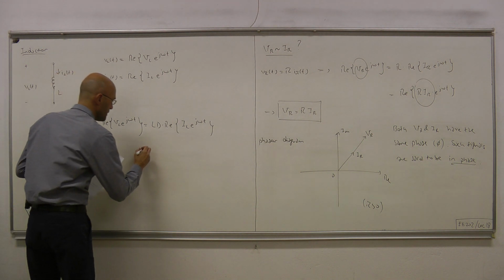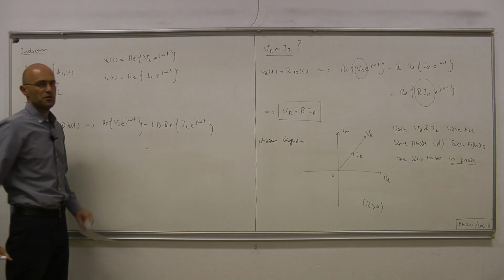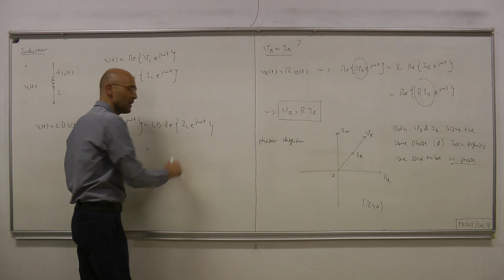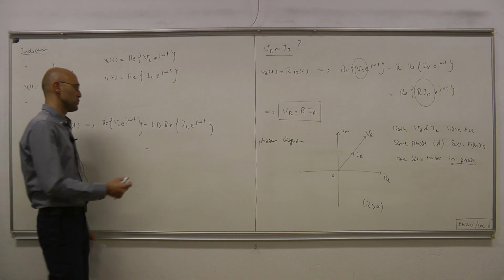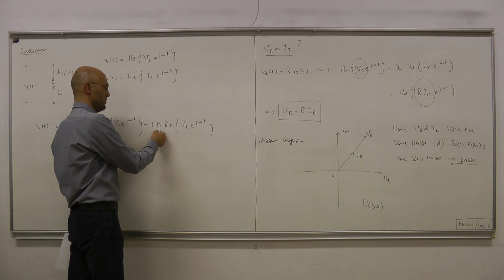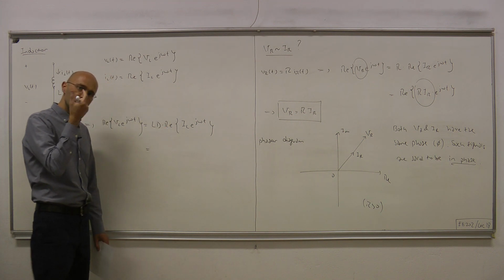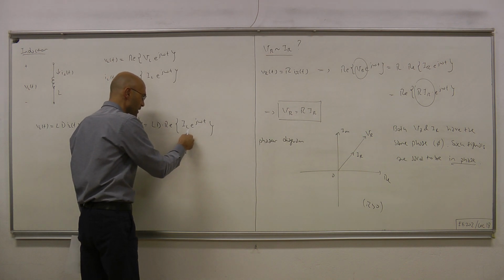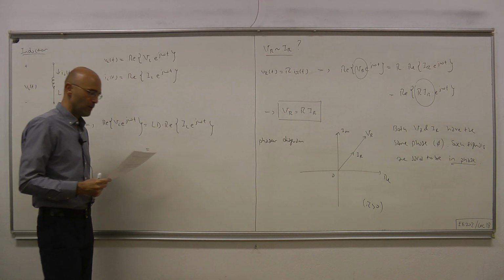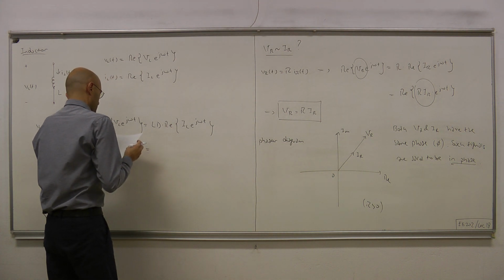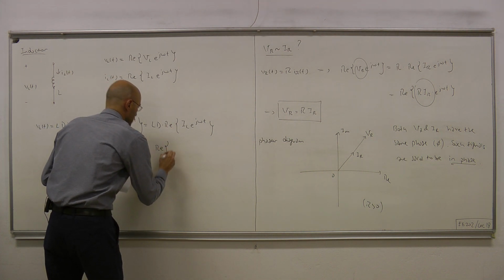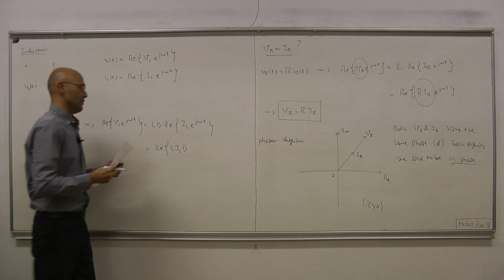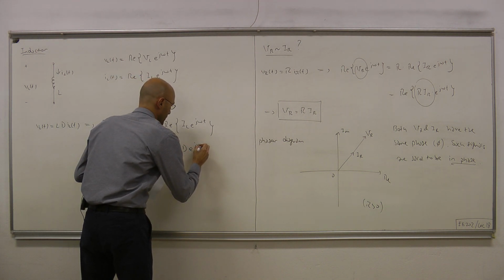Okay, so what we know is, first of all, L is a constant, a real constant, therefore we can place it anywhere we like, and we can directly carry it inside the parentheses. And also from our previous lecture we know that this is a derivative operator, a real operator, and those two operators commute, meaning that we can carry this derivative operator inside the brackets. So let's do that. What we have is the real part of L, IL, and then derivative operator on e to the j omega t.